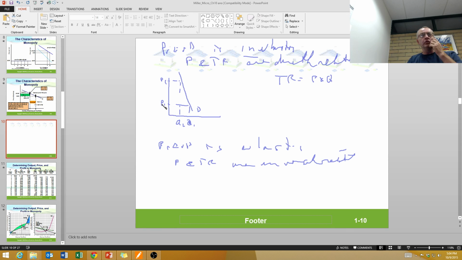So we can see intuitively here, the area under the demand curve, where the price and the quantity intersect with the demand curve, represents total revenue. And we can see from this little diagram that the first box, the purple box, is bigger than the orange box.